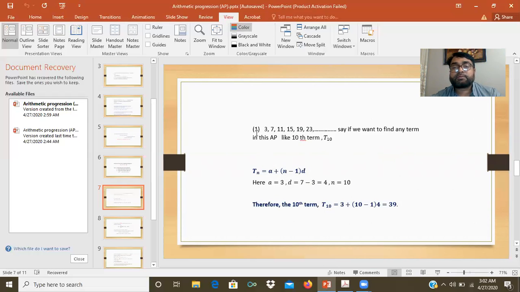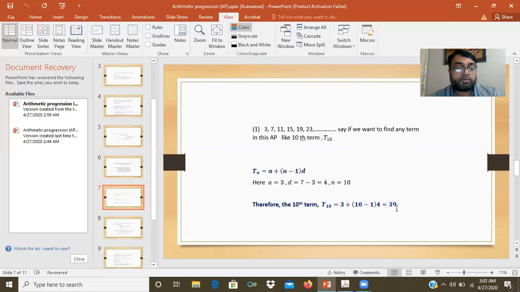Here a, the first term, is 3, d, the common difference, is 7 minus 3, which is 4, and n is 10, the position of the term we are looking for. Putting in these values, we find the 10th term is 39.